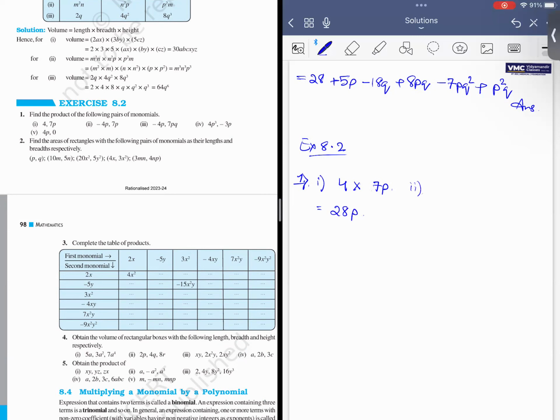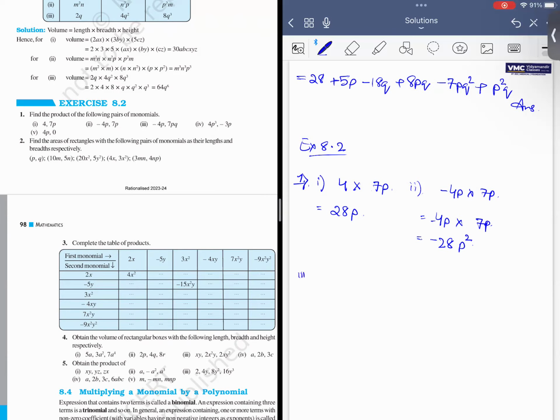Second one, minus 4p into 7p. Minus 4 into 7 is minus 28, and p into p, the powers get added up. I think you have studied exponents and powers, so you know that when the bases are the same, the powers get added up.